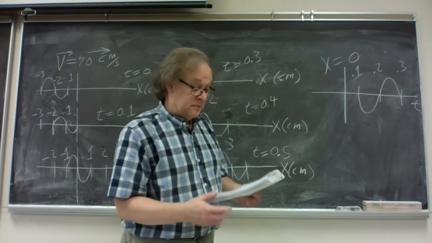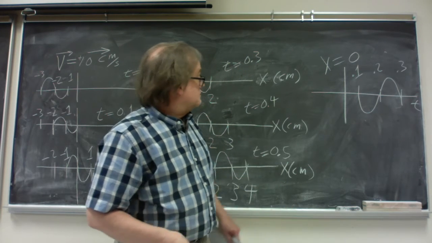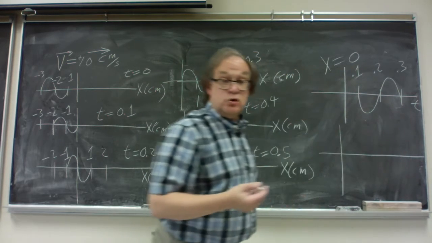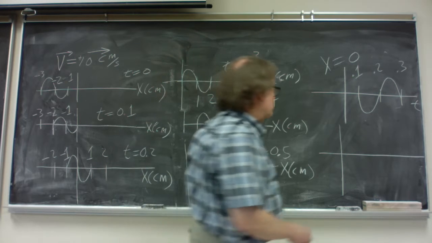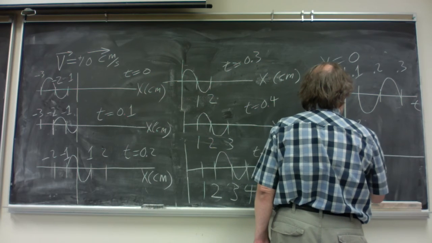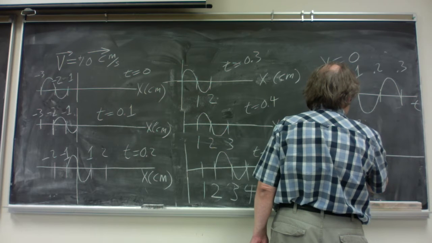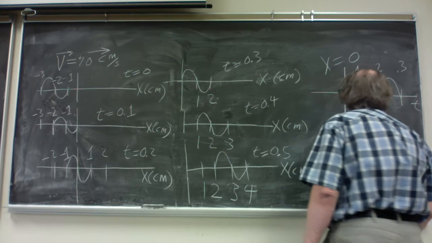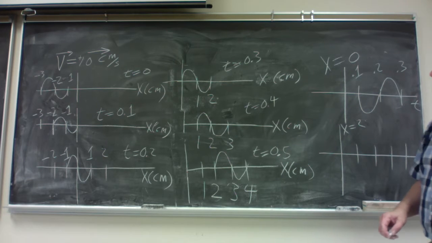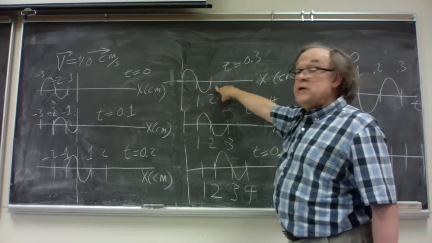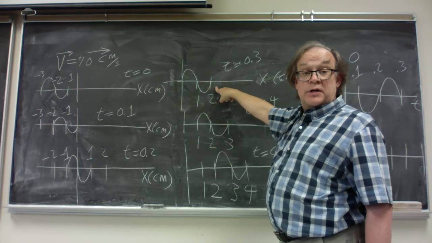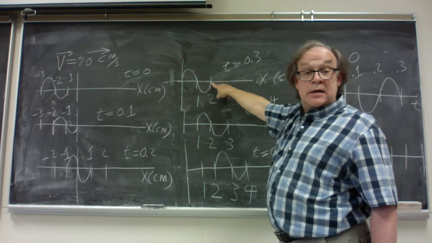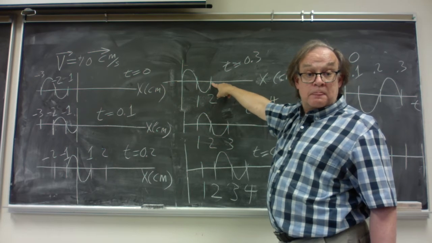So, for example, let's say a history graph of what's happening at not x equals 0 centimeters, but x equals 2 centimeters. So at 3/10 of a second, that's when the front edge of the pulse arrives at the little bit of string mass at the 2 centimeter mark.